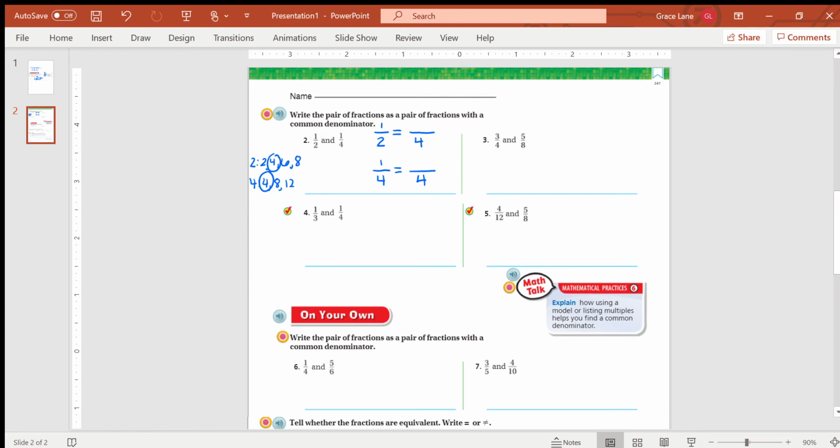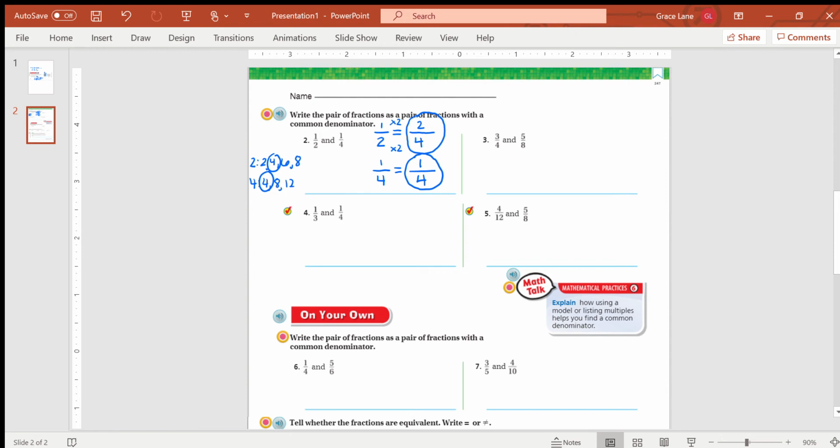On the bottom one, 1/4, it's already in fourths, so I can just leave it as 1/4. But the 1/2 is not going to be 1/4 also, because if you think back to equivalent fractions, can you guys see the pattern? You're doubling it, you're doing times 2. So the numerator will be 2. So the two new fractions with common denominators are 2/4 and 1/4.